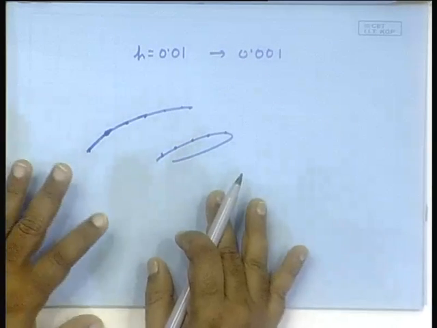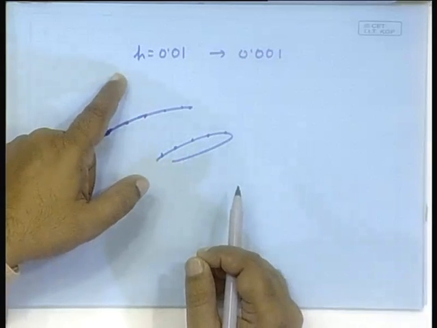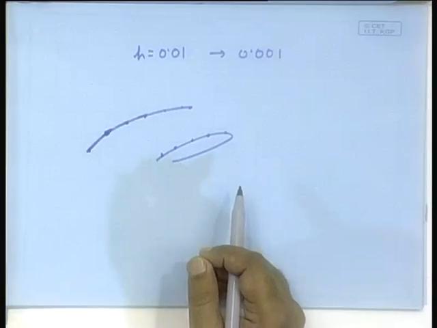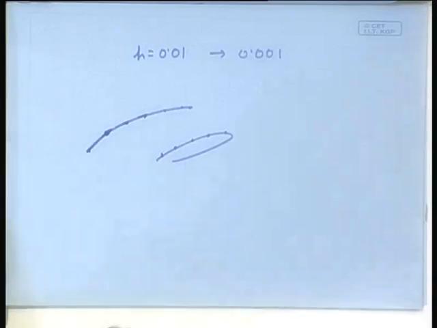Fine, you will be better off, but then the program will be 10 times slower. That is why one needs to strike some kind of a compromise, and the compromise is often not available a priori. You have calculated it, you have got an orbit, and you never know if it is correct. So, that is a typical problem in solving the differential equations.